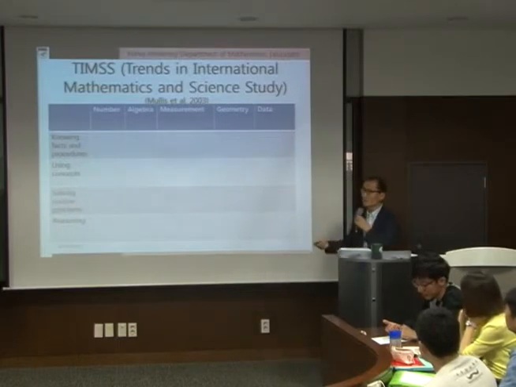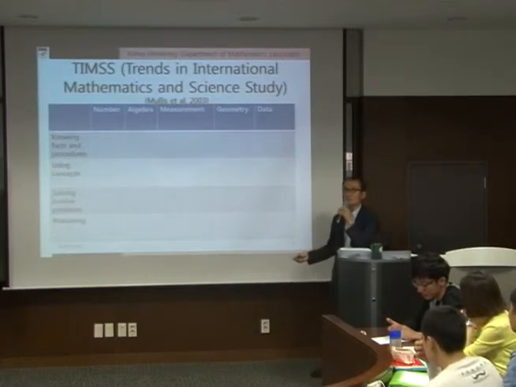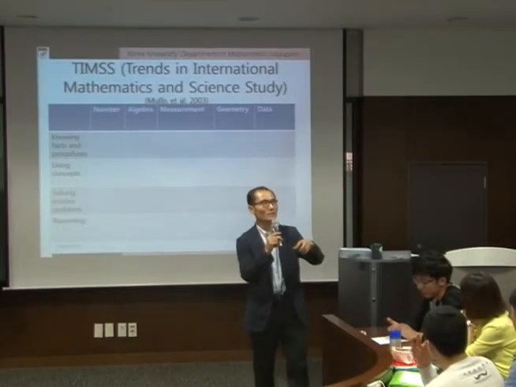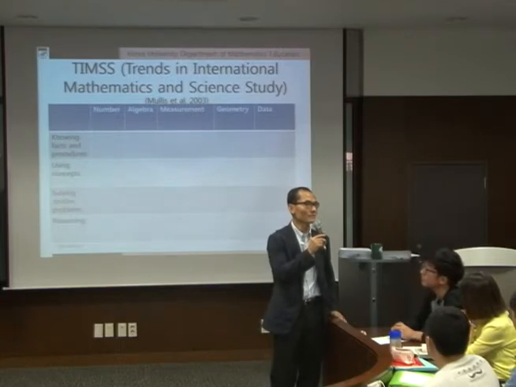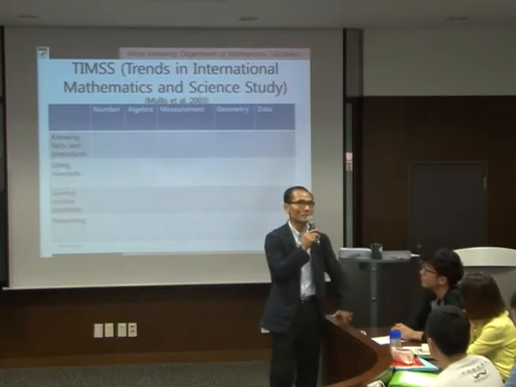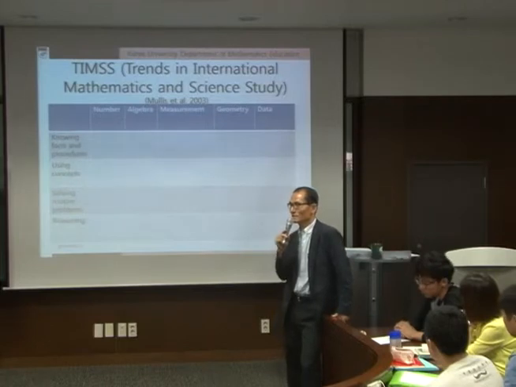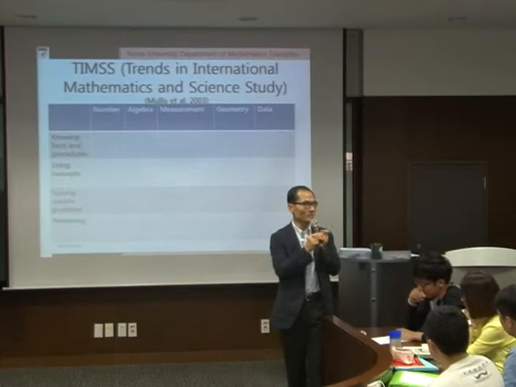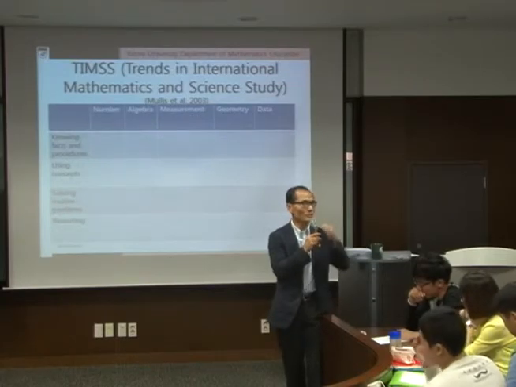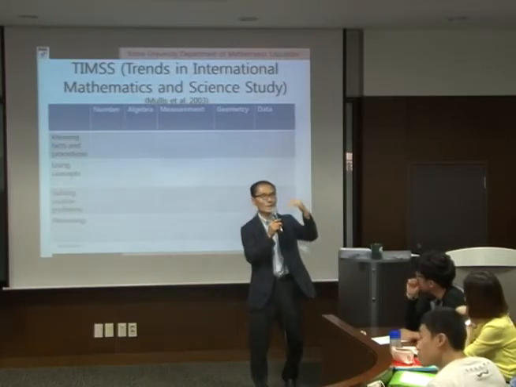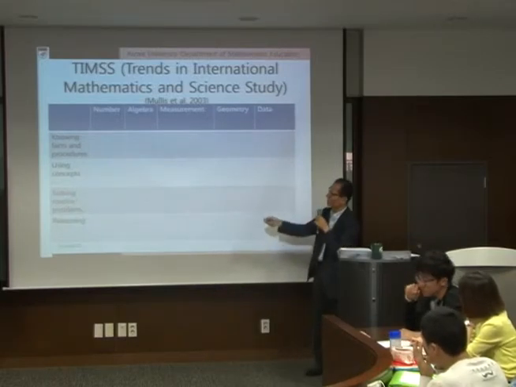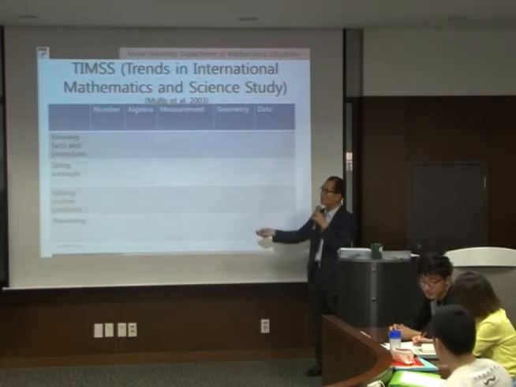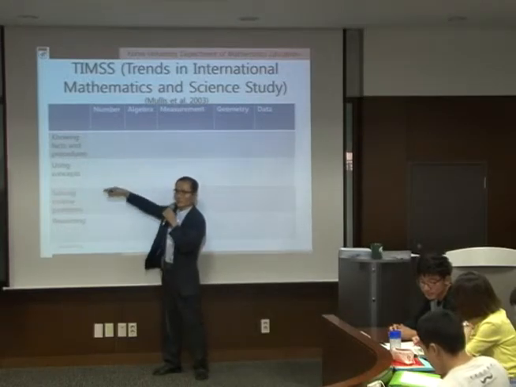Otherwise, for instance, if you're going to prepare reasoning parts, you may ask all the questions in the midterm and in the final exam as reasoning problems. That's going to be fair in terms of mathematical process, but I don't think that's fair in terms of assessment items. That's why you need to develop a conceptual framework in order to differentiate and distribute all of the problems probably evenly.